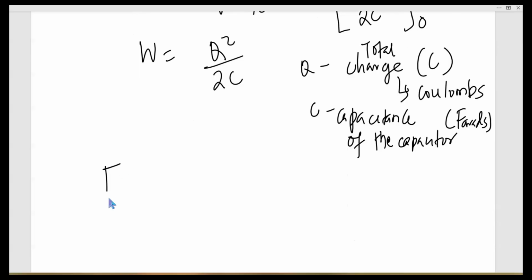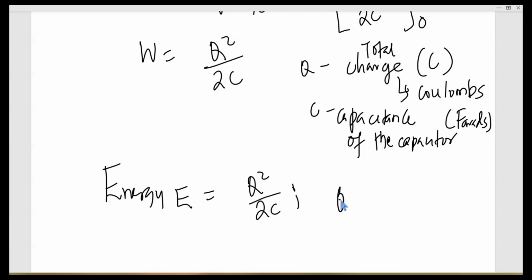So we can say energy E of the capacitor becomes Q squared out of 2C. If we wanted to express it in terms of V, not Q, for example, if you're given voltage, then we know that Q is equal to CV.